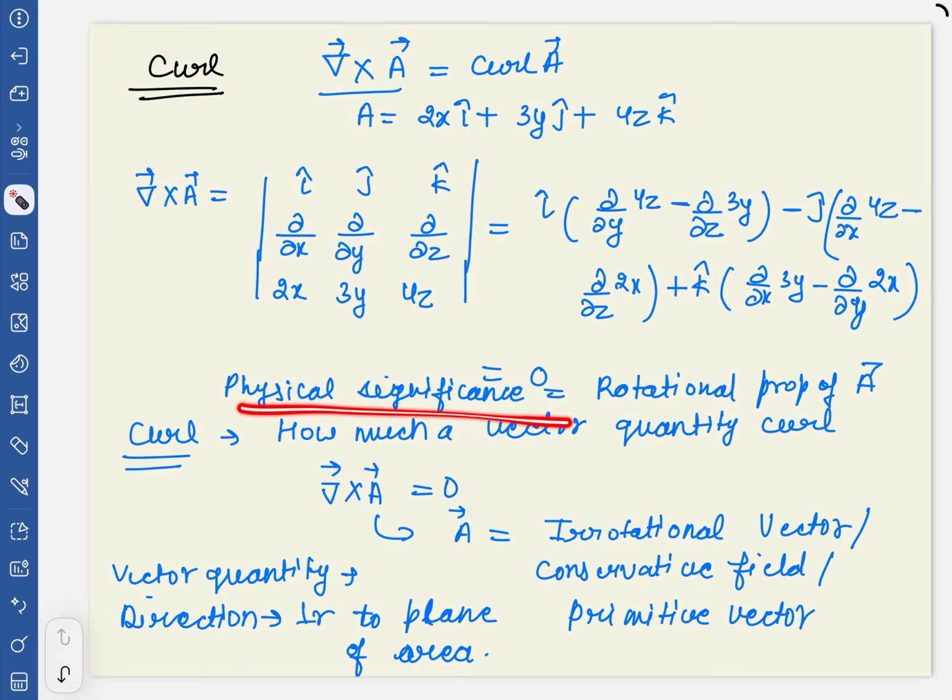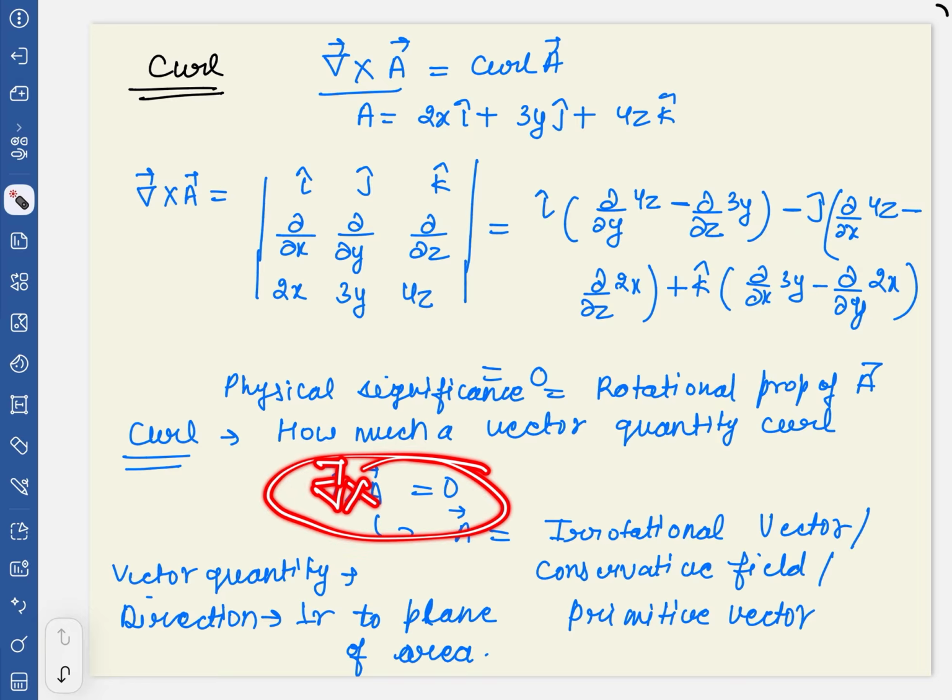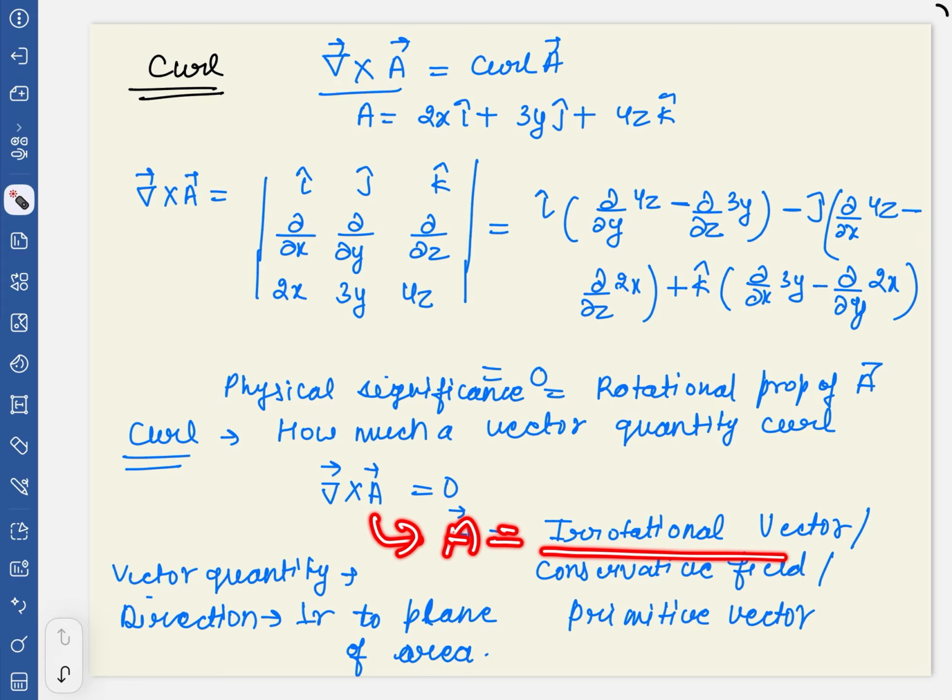And the physical significance of curl is it will show the rotational property of any vector A. So the curl means how much a vector quantity curls or twists. So if we have the del operator cross product with vector A, and we get the answer 0, that means the vector A is irrotational vector, or a conservative field or a primitive vector, and the direction will be perpendicular to the plane of area.